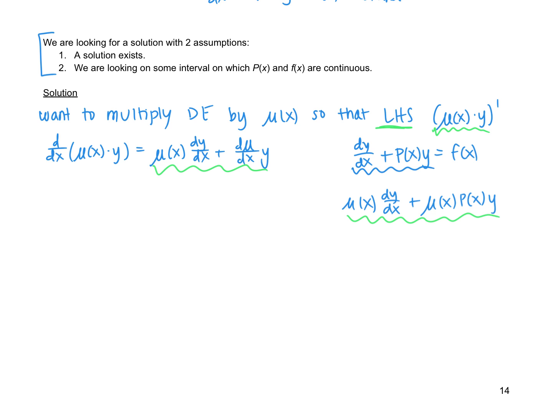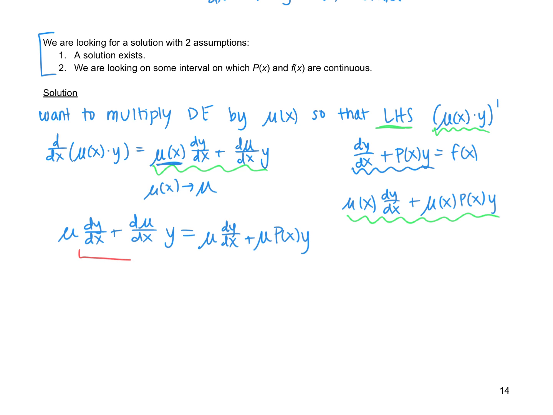If we set those equal, just for simplicity's sake, from now on, instead of writing mu of x, I'm going to write mu just to make things a little quicker. So we get mu dy/dx, add dmu/dx times y is equal to mu dy/dx, add mu times p of x times y. Okay, so these terms are already equal, which means we need these two to be equal.